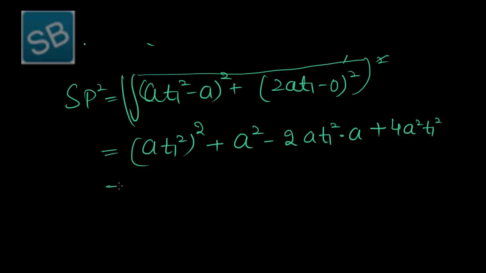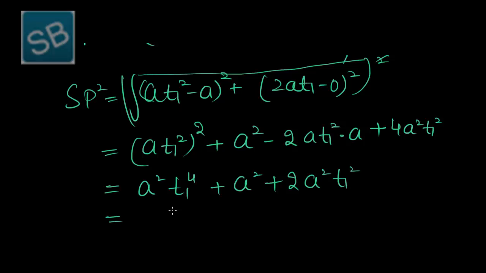So as a whole we get a square t1 raised to power 4 plus a square minus 2a square t1 square plus 4a square t1 square is 2a square t1 square.